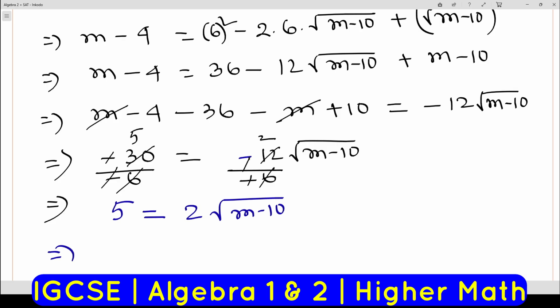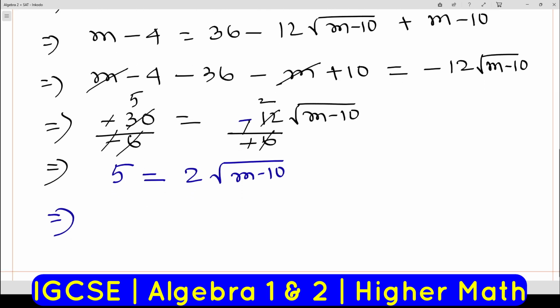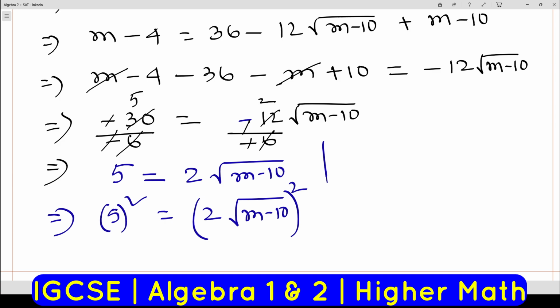So now we can square both sides again, so it will be 25, and on the right, 2 root over m minus 10 whole square.